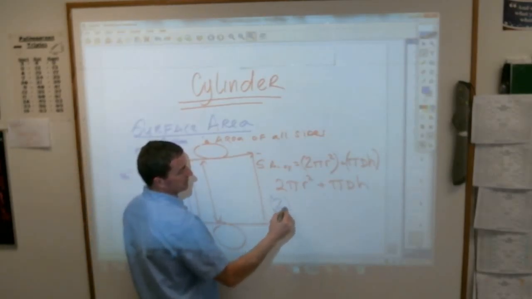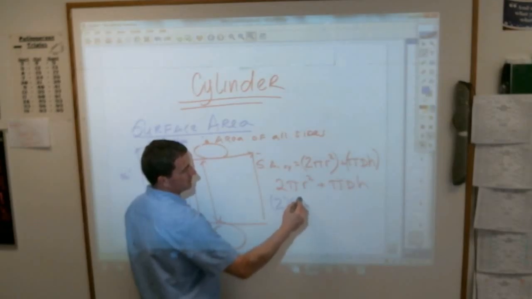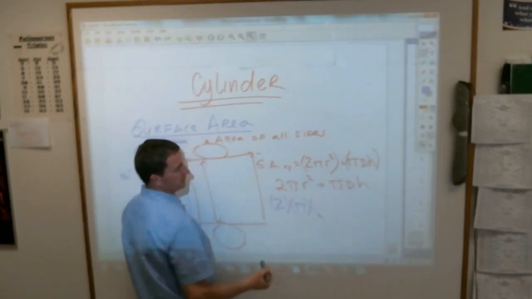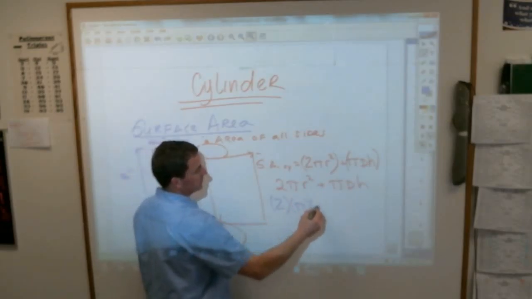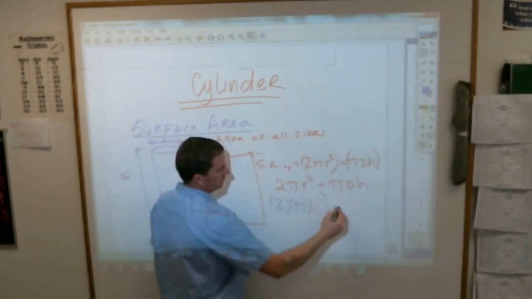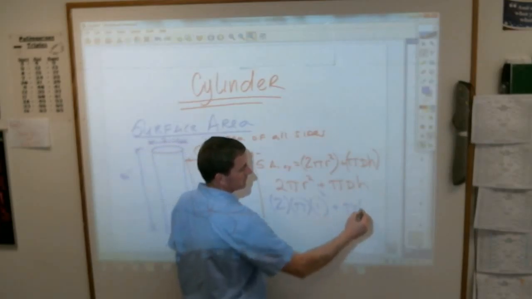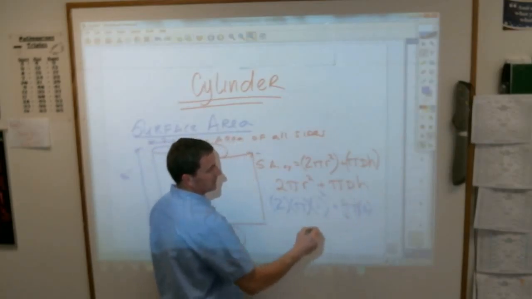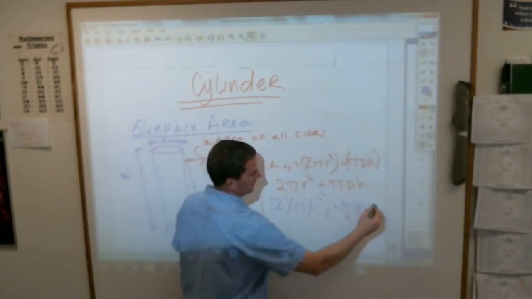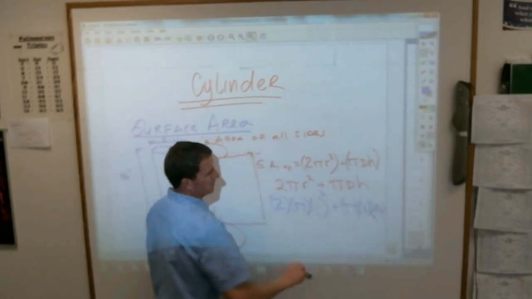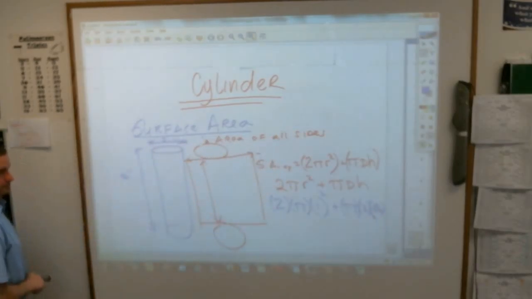2 times pi, what's the radius? Times 1 squared plus pi, what's the diameter? 2. And what's the height? 36. There should be some easy math here.